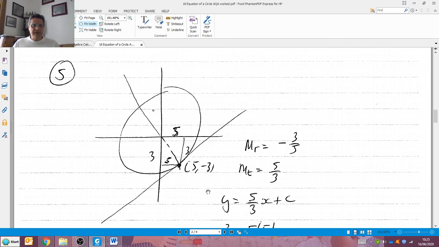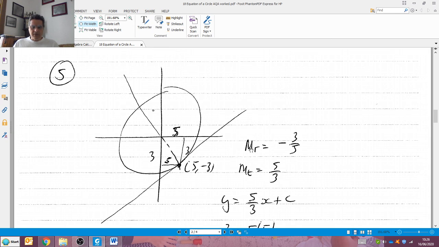So I've set up the usual things we've been doing in class, plus also the usual things that you've been doing in previous Zoom lessons. So, and that's my radius cutting right the way through my circle, and there's the radius from the center to the tangent at that point. So I've got to work out the equation of AB, which is that line across there.